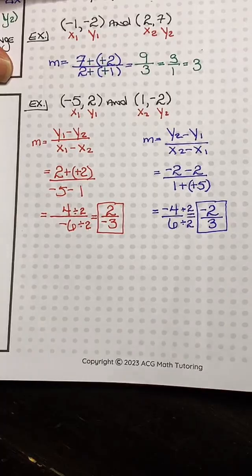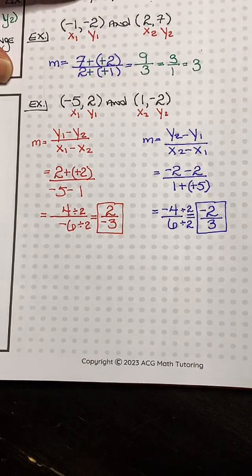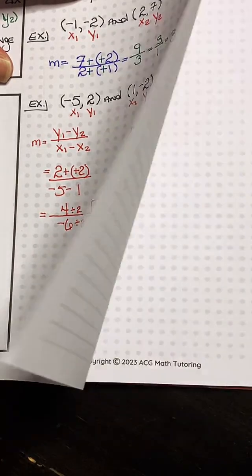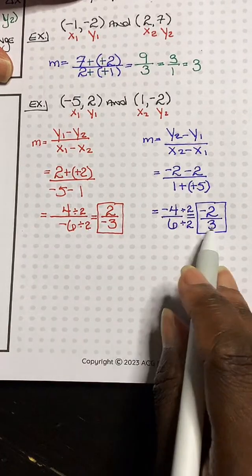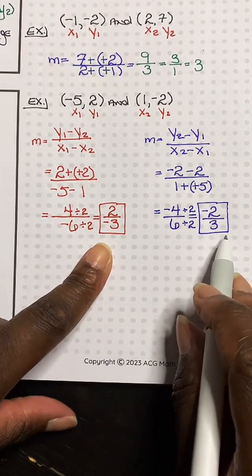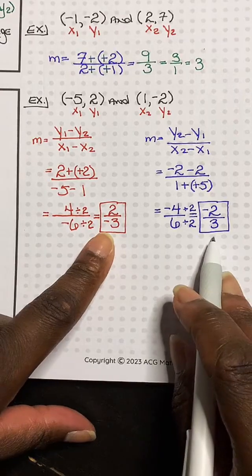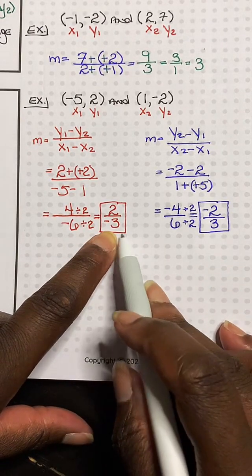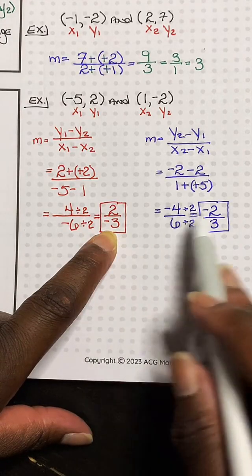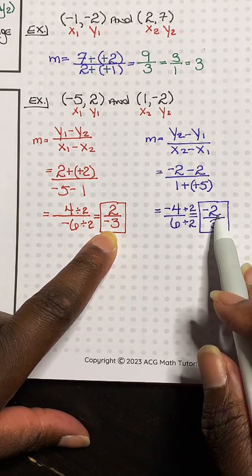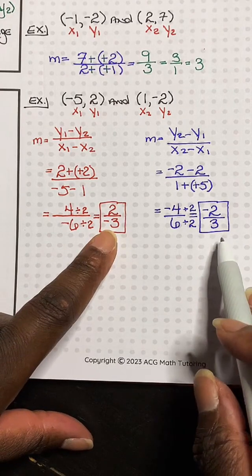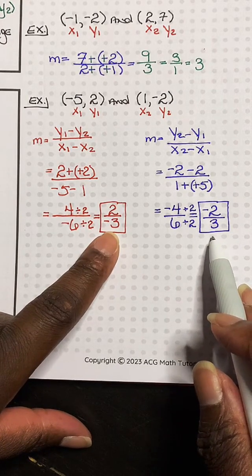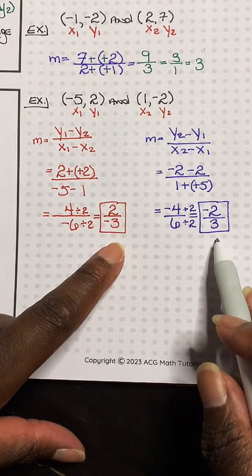So when it comes here, hey Jess, we're basically getting the same answer. They're both negative slopes. One shows that the negative goes with the 3. The other shows that the negative goes with the 2. Now, when it comes to negative slopes, one or the other has to be negative.